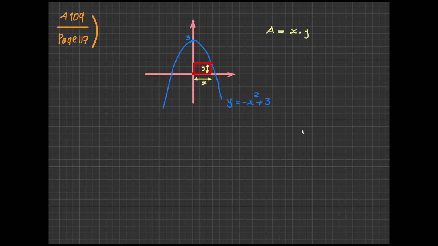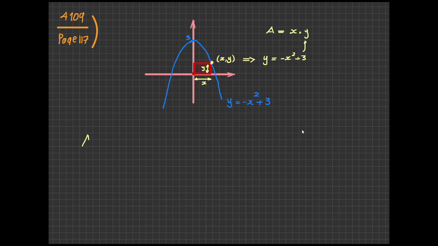But this is very simple because if this is x and this is y, if I ask you, can you tell me what are the coordinates here? You will tell me, okay, yes, the x coordinate is x, the y coordinate is y. But you see that this lies on the blue curve. So this means that y is equal to minus x squared plus 3. And then I put it here.